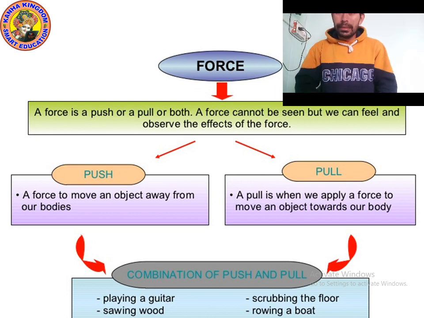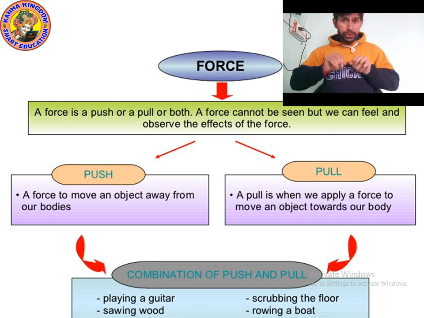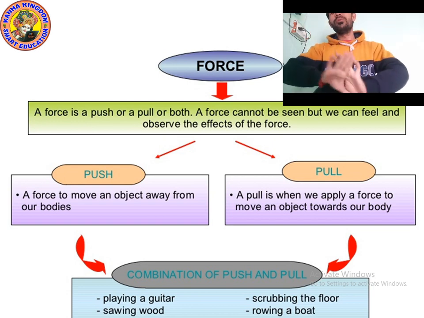A pull is when we apply a force to move an object towards our body. When you pull, the object will move towards you.